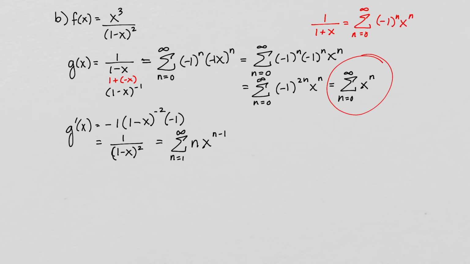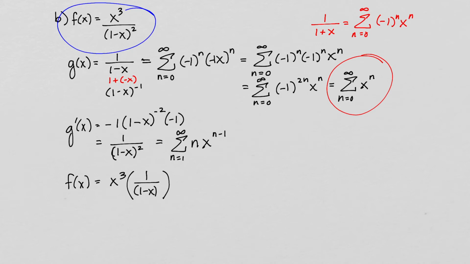Okay, so now I am at a point where I can figure out what to do with my original function. If I look at my original function given in part B, we're looking for f of x, which we can think of as x cubed times 1 over 1 minus x quantity squared. And we just figured out what the series for that is. So this is x cubed times the series n equals 1 to infinity of n x to the n minus 1.